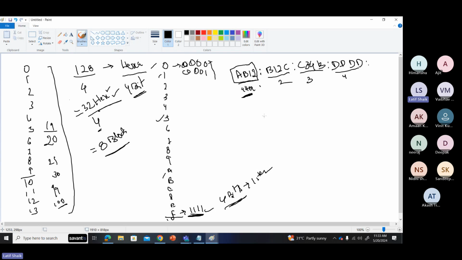Each block contains 4 hexadecimals. In total it is 8 blocks.